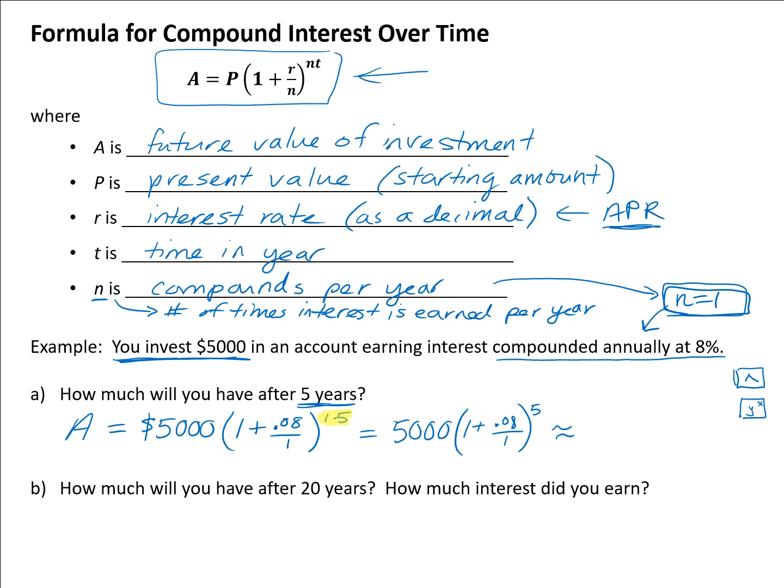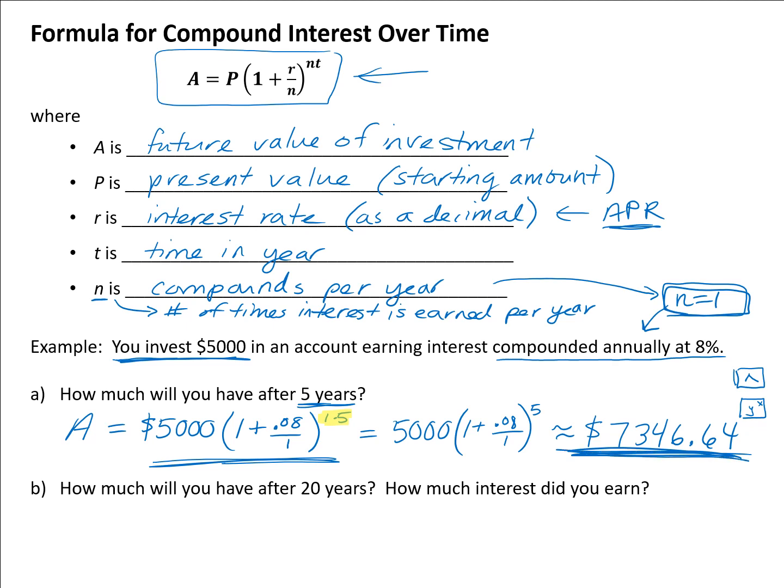So 5,000 times parentheses 1 plus 0.08 divided by 1, close parentheses, raised to the 5th power would give us, and we do have to round here, $7,346.64, which is exactly what we got in the table. But this formula is much faster than doing the table out, calculation after calculation after calculation. We had to make 5 separate calculations to get this one value in the table.